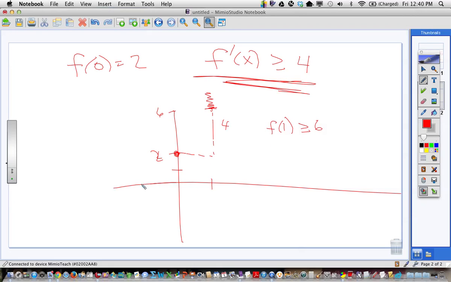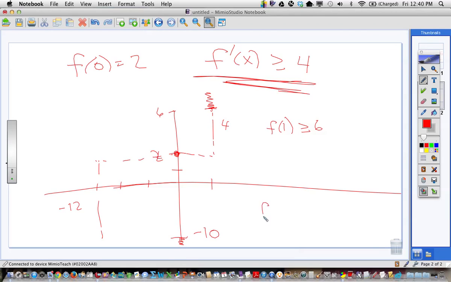What about negative 3? If we go back 1, 2, 3, that would be a run of 3. And wait a minute, if we go back, we have to go down 12. So if we go down 12, that would take us down to what? Negative 10? And we could have gone down more, right?